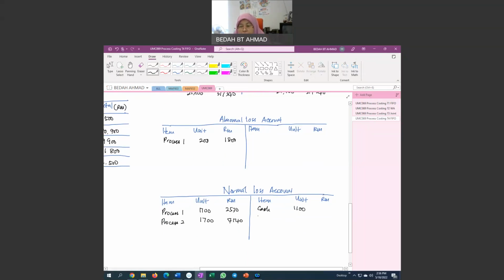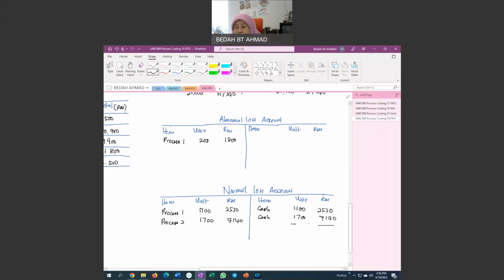Another one is 1,700. So 1,100 at 2.3 is 2,530, and similarly 1,700 at 4.2 is 7,140.